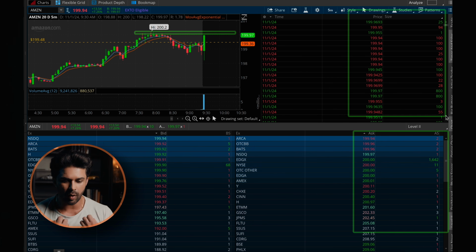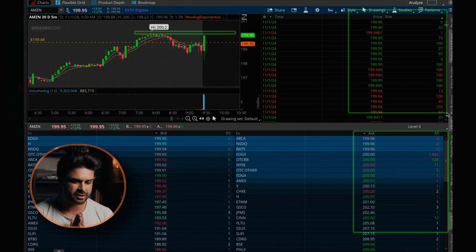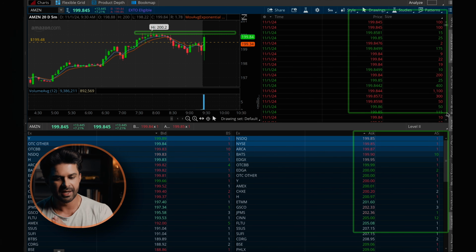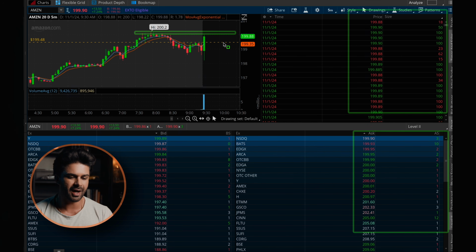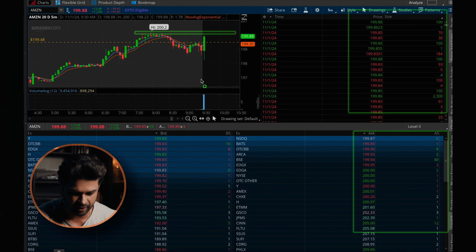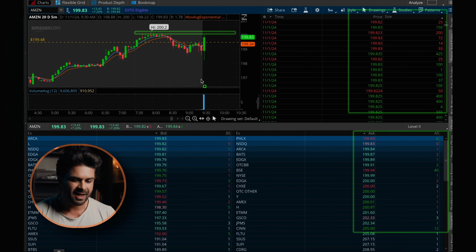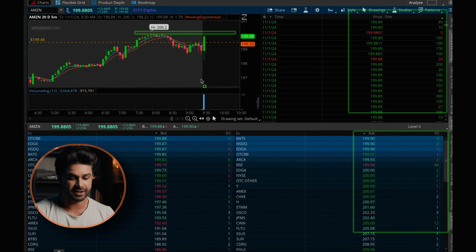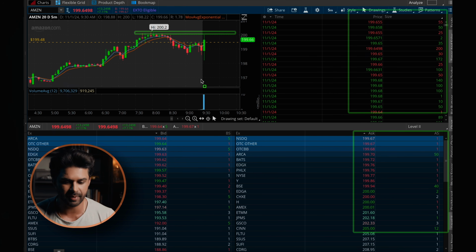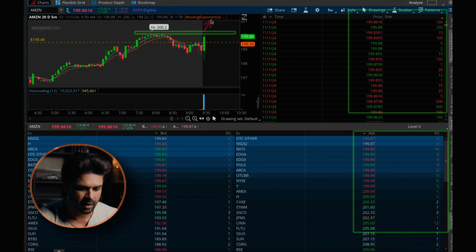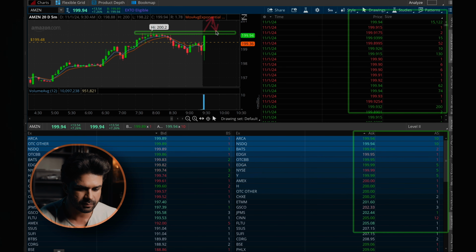They have absorbed all the buyers that pushed the stock into that 200 level, and typically this is followed by a reversal, and we do not see a breakout happening here. So for a breakout trader, someone who's looking to trade momentum, this is where they should either take the exit or refrain from getting in until we get that breakout above that level.